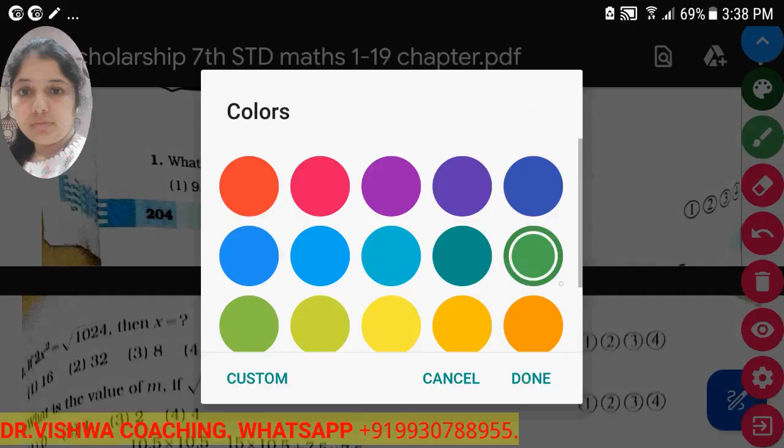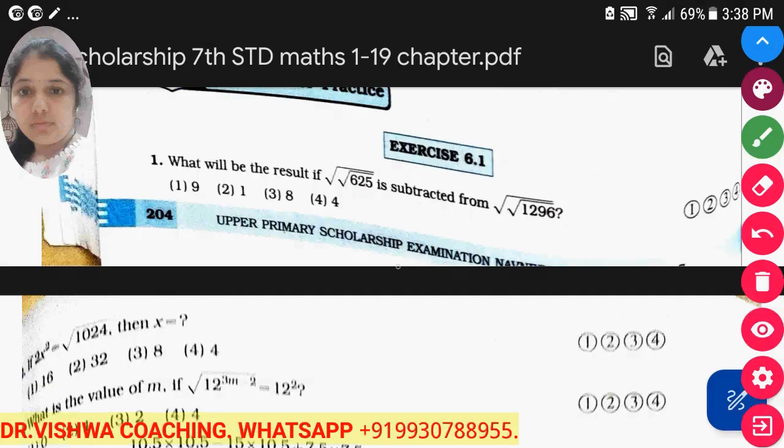Now see what will be the result if the square root of 625 is subtracted from the square root of 1296. Okay, now see 625, 25 and 25, the square root is 5. So 1 we got.